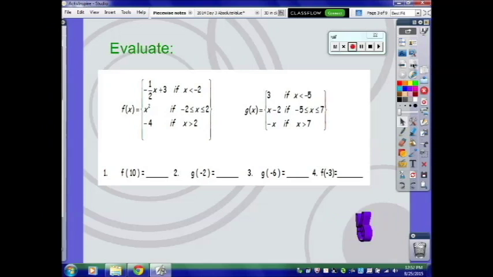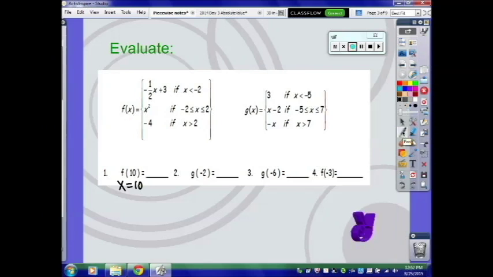Alright, let's first start off by evaluating. So if we want f of 10, that means we're going to be looking at this first function here. F of 10 is another notation that's saying x is equal to 10. You want to find the y value. If x is equal to 10, what's the corresponding y value? Because this is a function, we should be only getting one y value.